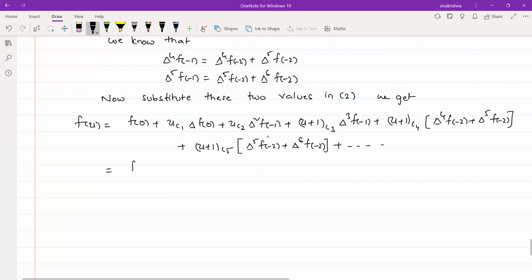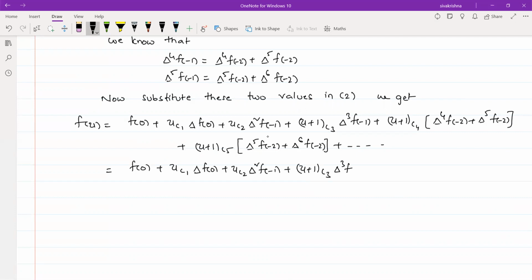This is equal to f of 0 plus uc1 into delta f of 0 plus uc2 into delta square f of minus 1 plus u plus 1 c3 into delta cube f of minus 1, and then u plus 1 c4 into delta power 4 f of minus 2. Sorry, that is only one term we are having.